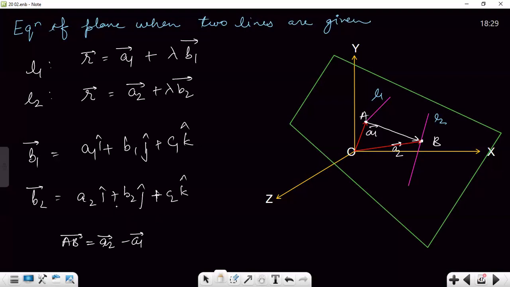Also, let's find out a perpendicular vector to the plane. How will we do so? In the L1 direction there is a b1 vector, and in the L2 direction there is another b2 vector.